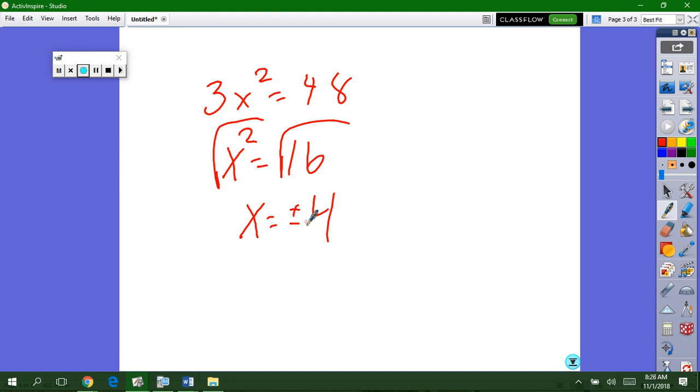Because negative 4 squared also gets me 16. So there's both options. 4 squared gets me 16, and negative 4 squared gets me 16. Now, if it was just, what's the square root of 16? 4. Because that was already given to us. The square root was there. I physically didn't have to write that. Does that make sense?